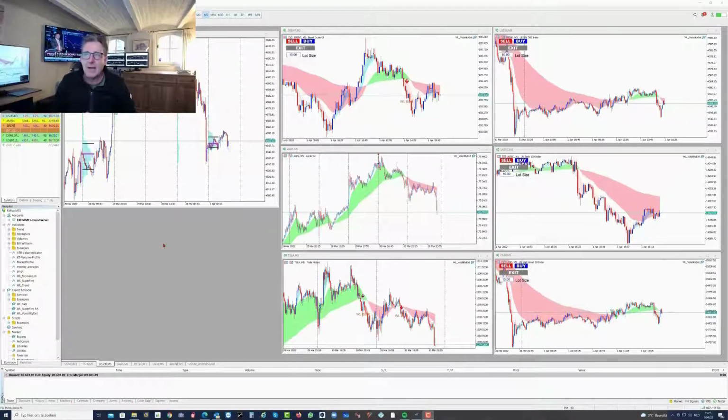But here I just used very simple 5-minute charts. What you see on top in the middle is oil. Then you see Apple, Tesla, S&P 500, Nasdaq, and the Dow. Now you can add forex pairs, you can add whatever you want. You can do this in 30 minutes, you can do this in 60 minutes, you can do this on daily charts. It doesn't matter.